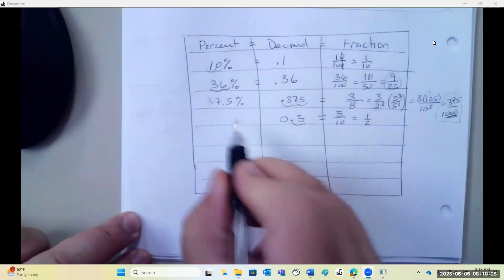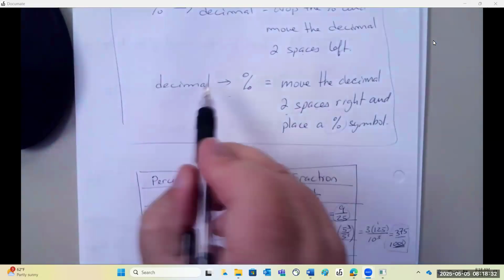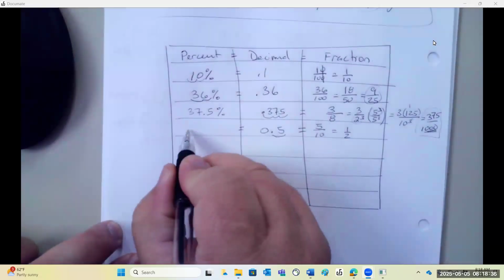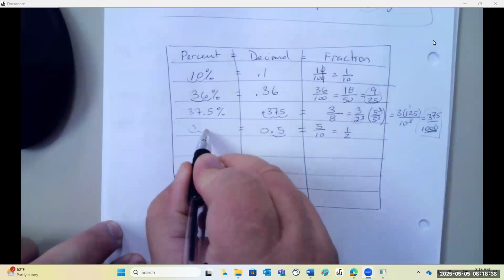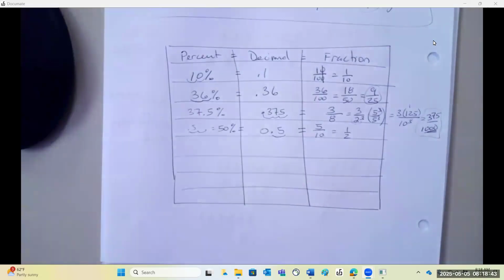So what would it be in percent? Yeah, because from decimal to percent, move it 2 spaces to the right. So 0.5 becomes 50%. And then you keep on doing all the rest of these.